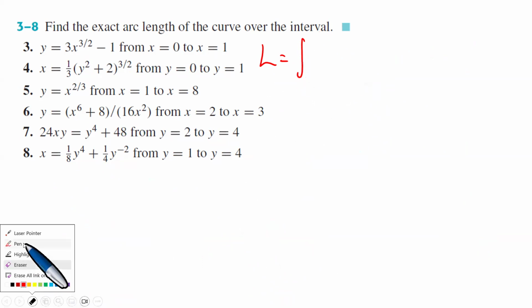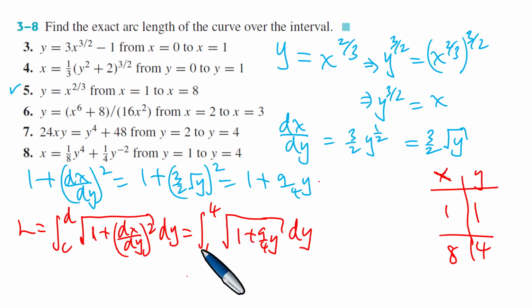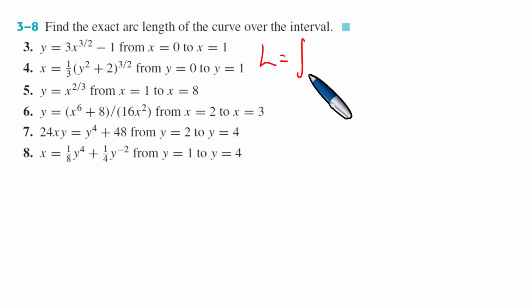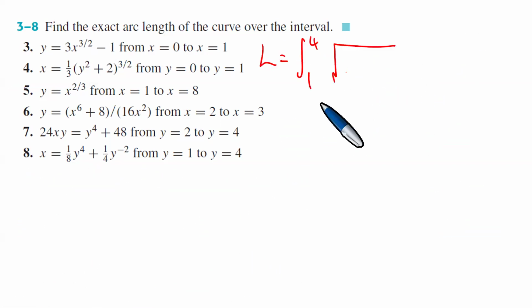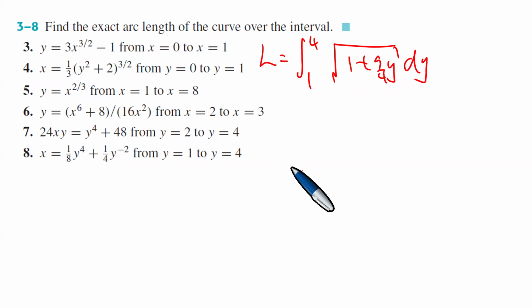Let us just do this one here and say from 1 to 4, the square root of 1 plus 9 out of 4 y dy. All right. So what do we get? We integrate this one.